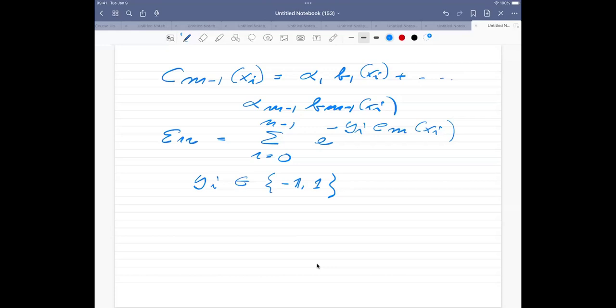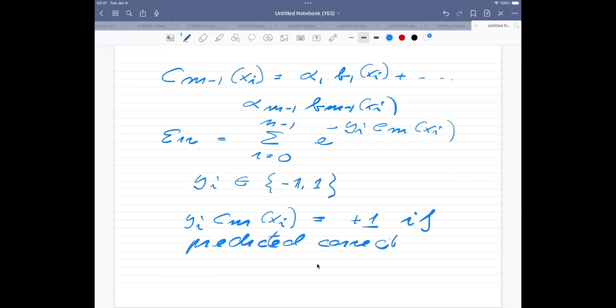So in our case, if we look at the product of y of i times Cm of x of i, that is equal to 1 if predicted correctly, and y of i times Cm of x of i is equal to -1 if a wrong prediction.